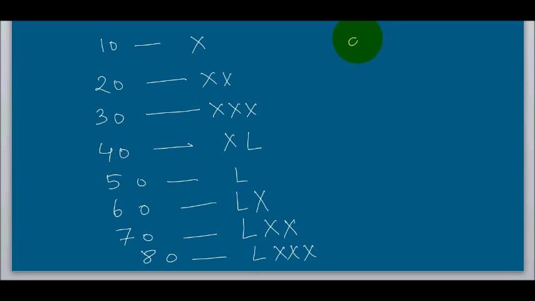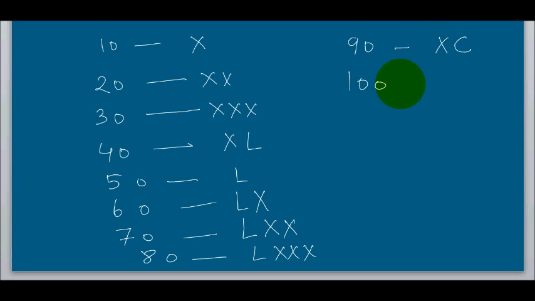Now 90: you cannot repeat this 10 four times, right? So what will you do? You know C is 100, and you subtract 10 from 100, so it is 90.